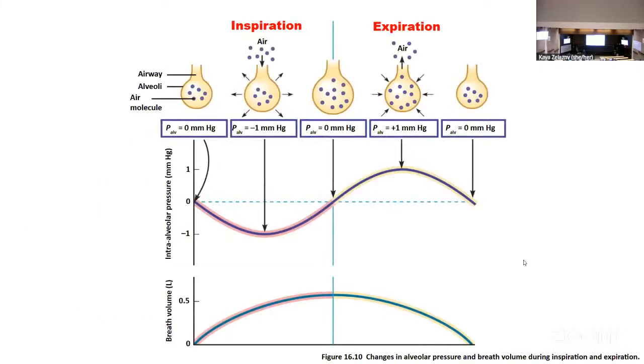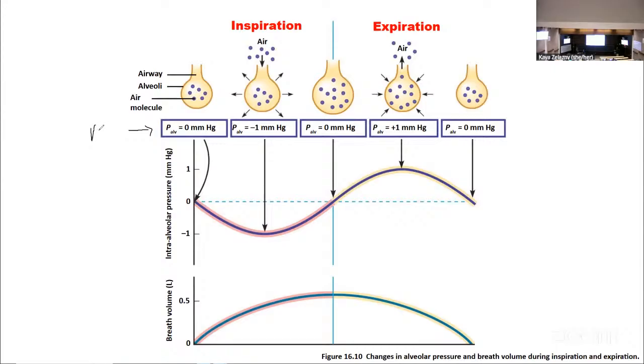That'd be great. Okay, so this is a diagram from your book showing what we just went through here. We're looking at our changes in alveolar pressure here, and we can see our numerical readings there, and we can see the graph of how that's changing here. So those are both the same thing. We have a picture to help us imagine what's going on with those individual alveoli.